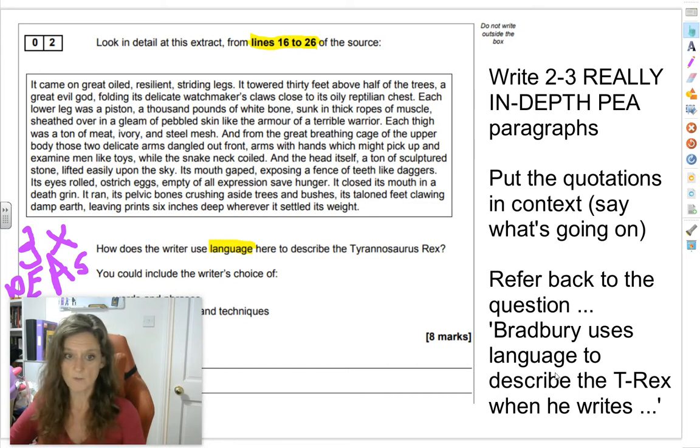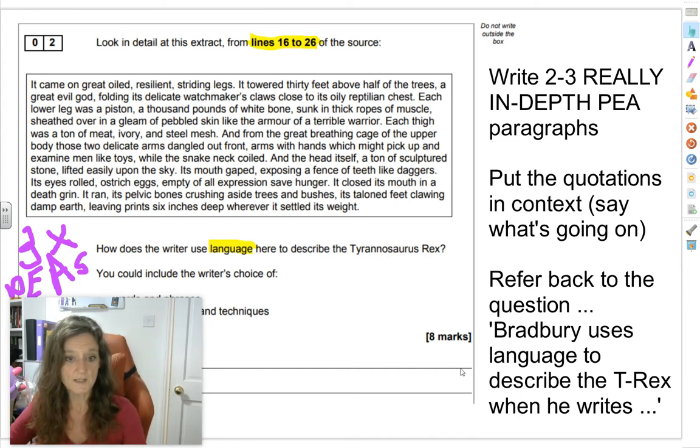And then also, to help you with your point as well, try and refer your point and your point evidence analysed back to the question. So remember, we picked out that useful name from the source last time, the author's name. Bradbury uses language to describe the T-Rex here when he writes, drop your quotation in.